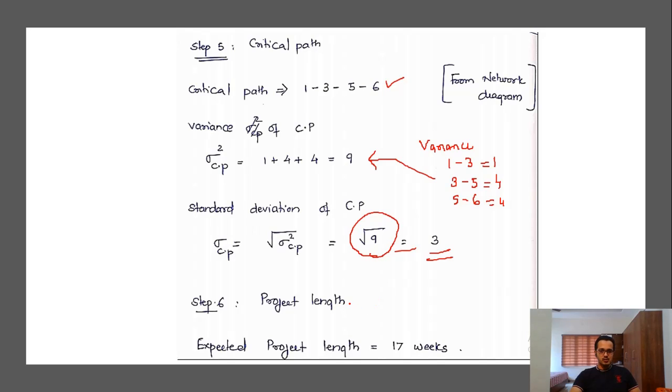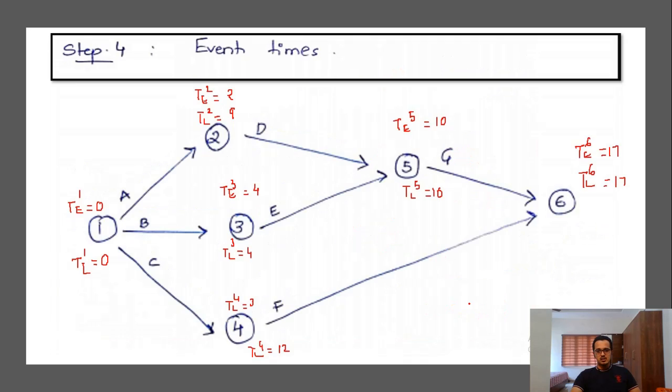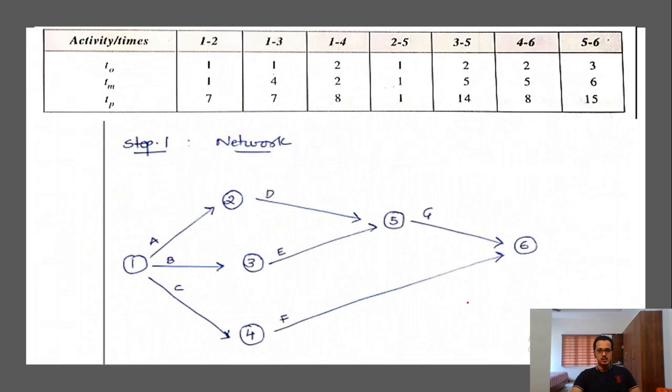So the project length will be 17 weeks. From where did you get this 17? You just take the duration of 1, 3, 5, 6. This is the critical path. So duration of 1, 3 plus duration of 3, 5 plus 5, 6. What is the duration of 1, 3?